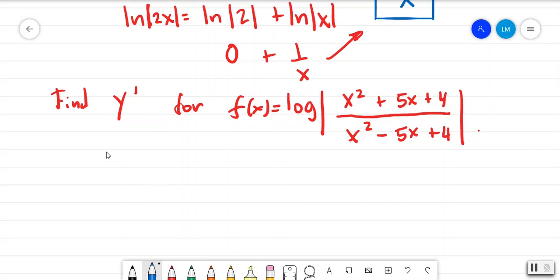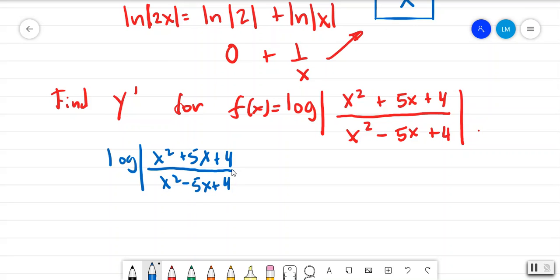So what we could do is just say, well, log of the absolute value of x squared plus 5x plus 4 divided by x squared minus 5x plus 4 is the same thing as, let's go ahead and just factor this whole thing.